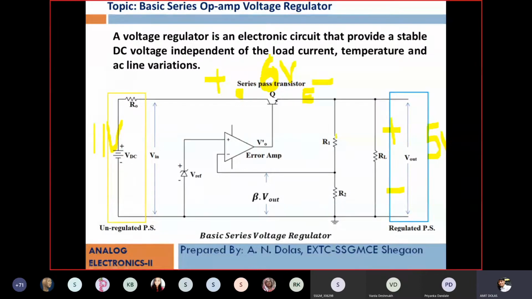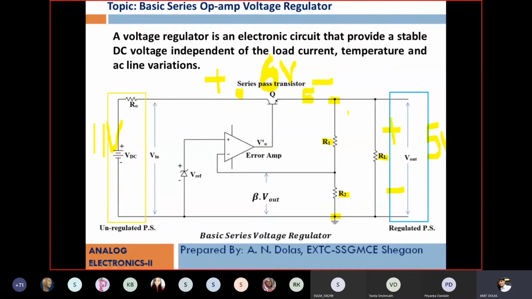So why is this action performed? The transistor alone is not responsible for this action. Some other components are connected together with the transistor, and one of the important parts is feedback, which is formed by R1 and R2. We are taking feedback from the output voltage, as the output voltage is trying to increase or decrease due to any reason, say variation in the input line or variation in the load resistance.